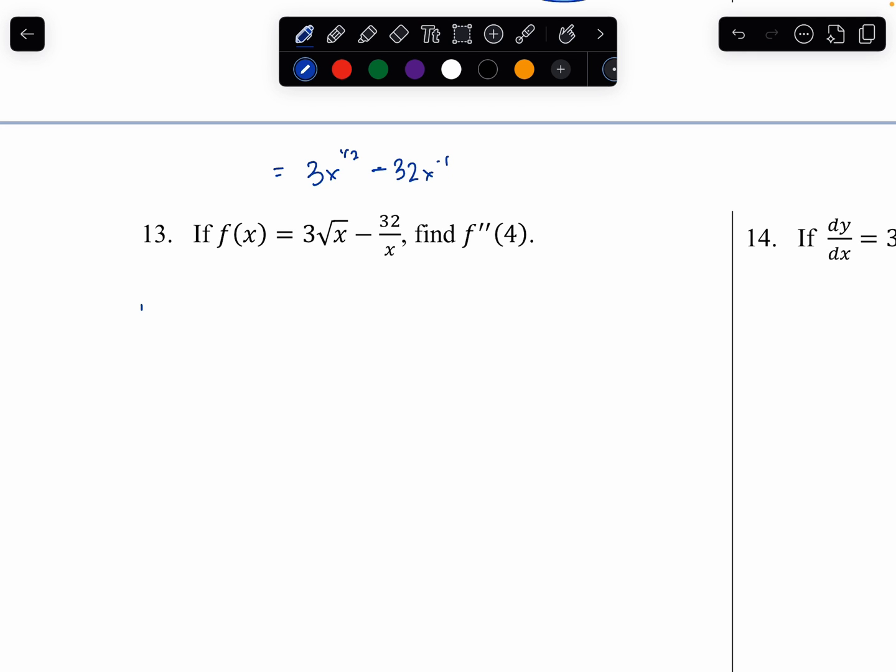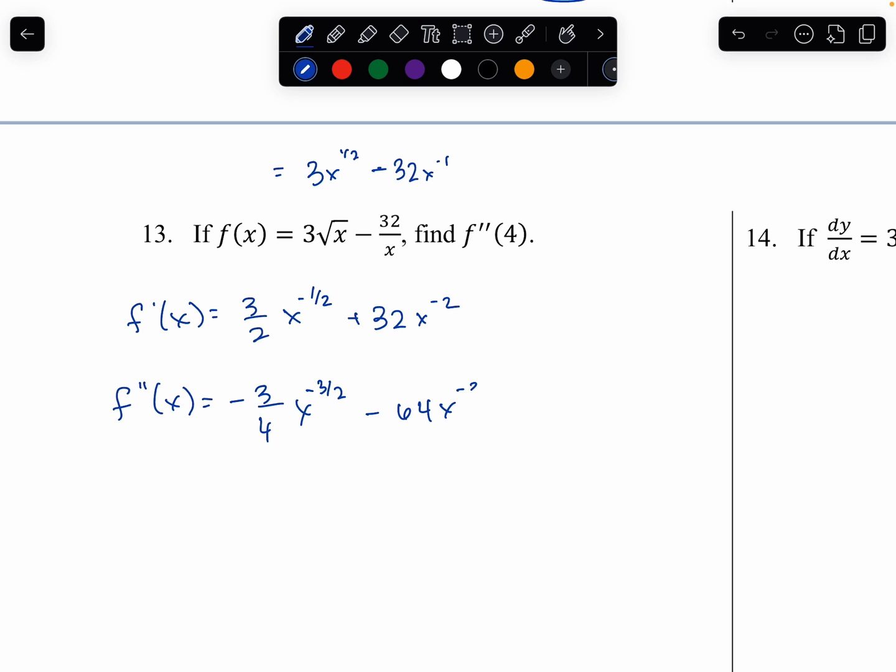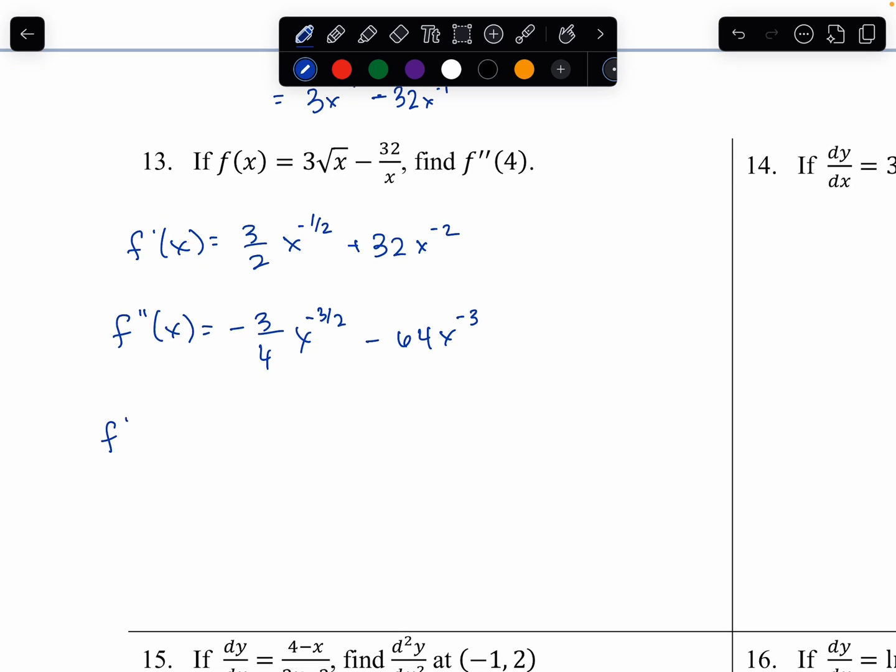So my first derivative is going to be equal to 3 over 2 x to the negative 1/2, and then plus 32 x to the negative 2. The second derivative is going to be equal to negative 3 over 4 x to the negative 3/2, and then minus 64 x to the negative 3.